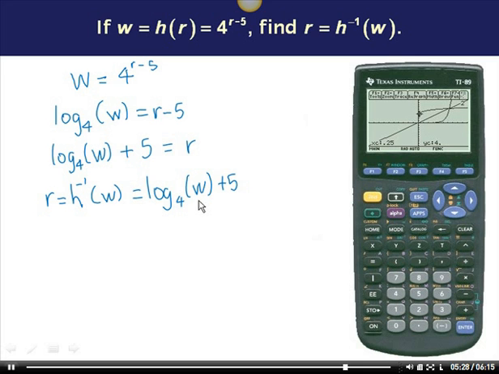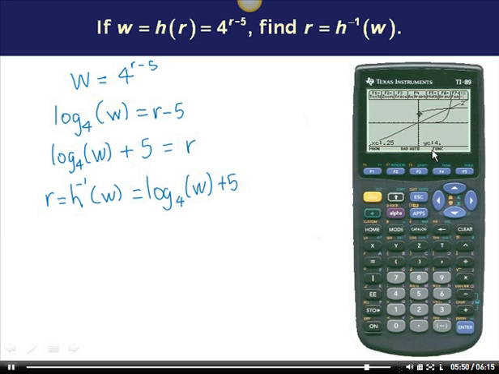We can verify that again with our formula. If I put in 1/4 as my input, log base 4 of 1/4, what am I thinking here? 4 raised to what power gives me 1/4? 4 to the negative 1 is 1/4. So negative 1 plus 5 is 4. So an output of 4 does indeed make sense.